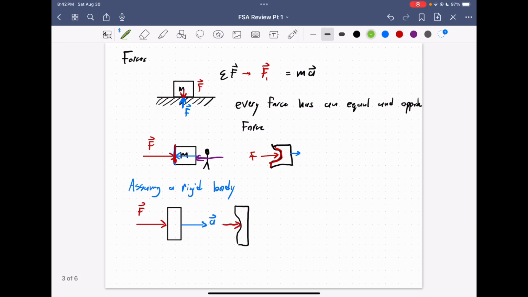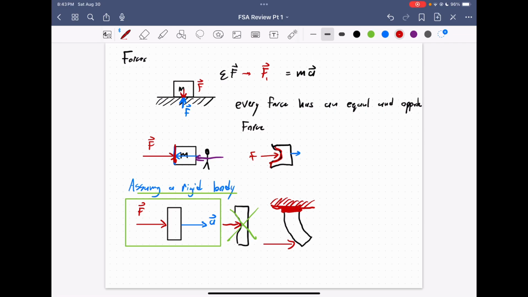So assuming rigid body is going to more so say this is the case, not this. Another example of what would happen in reality is if you put a force at the bottom, right? And this object was, let's say, held on or glued to a wall up here. That's going to happen, right? It's going to bend.